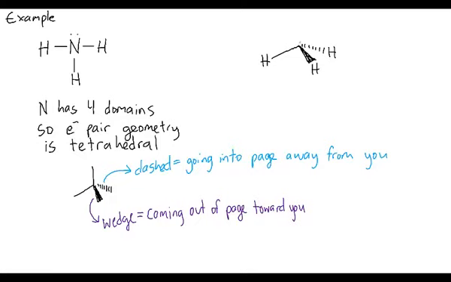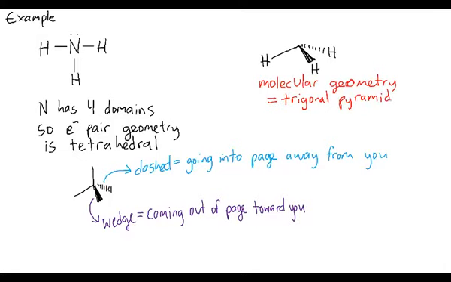You could sit this structure on a table, and I encourage you to take out a model kit and build it if you've never done that before. What would you call that shape? All right, you could call it a trigonal pyramid. That's the official name it's often given, so the molecular geometry is trigonal pyramid.